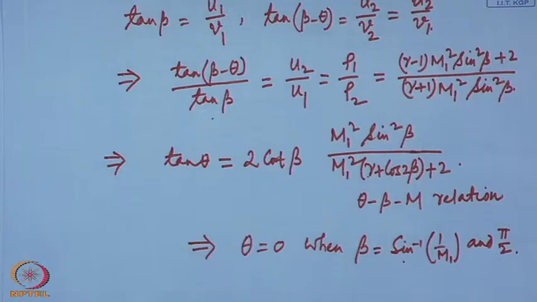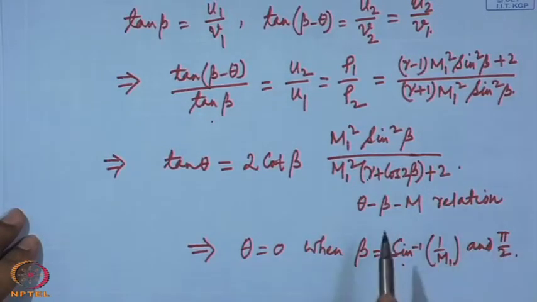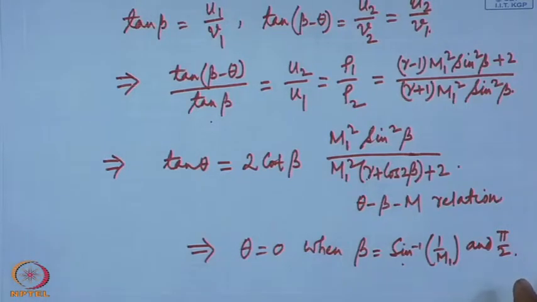That is, for each value of m 1 there is a maximum value of possible theta, and it also shows that if theta is less than theta max, then for each value of theta and m 1 there will be two corresponding values of beta or two corresponding solutions.